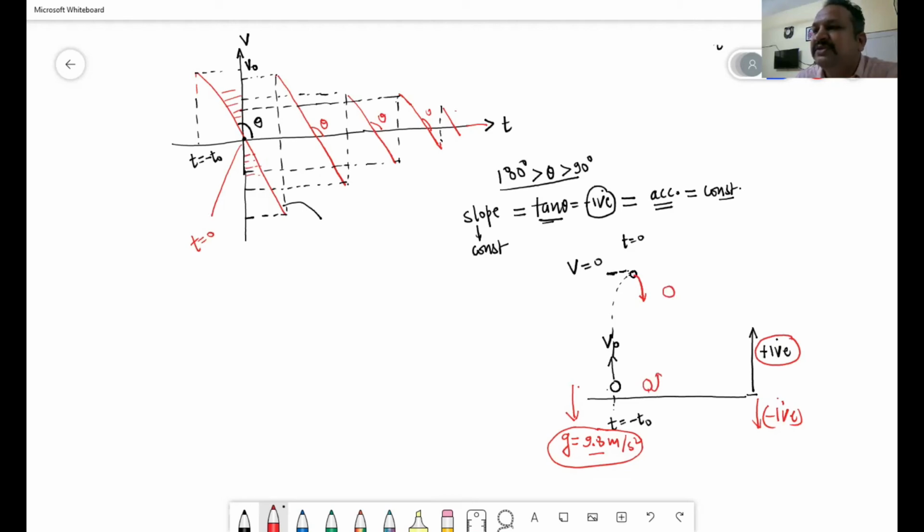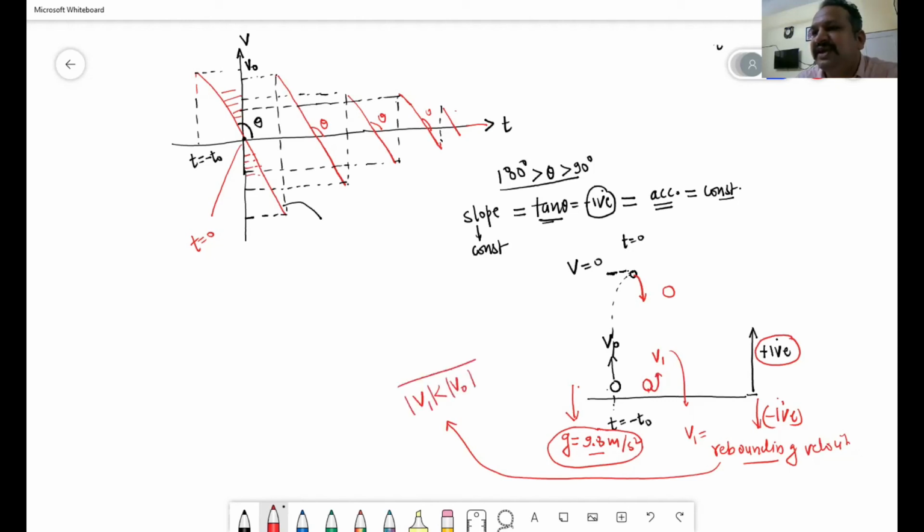So there is some rebound velocity V1, whose magnitude is less than V0.